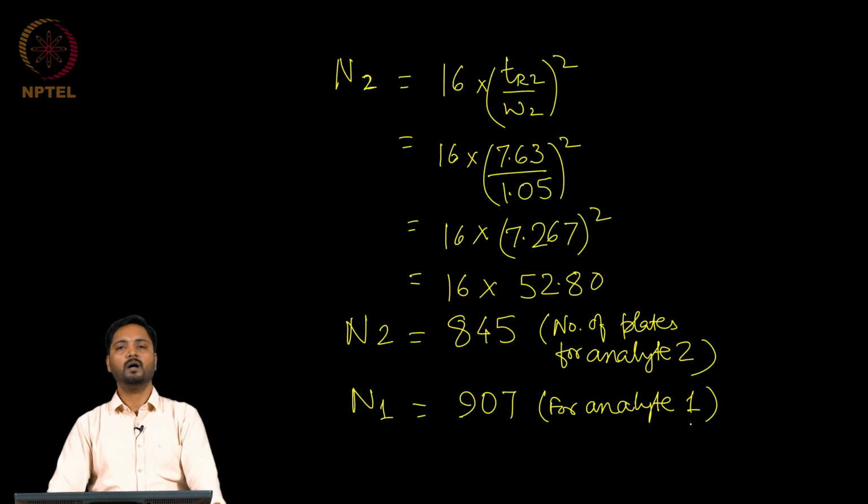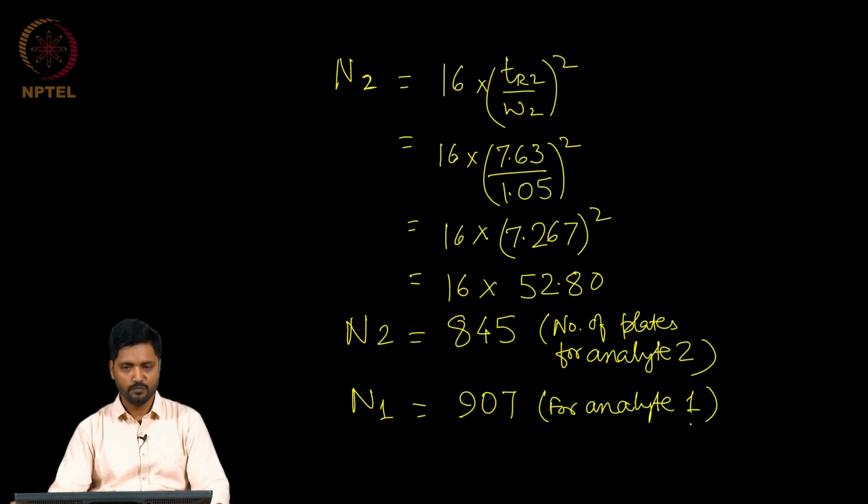So, I want you to carefully note this point: for the same column we can have different plate heights for different analytes, and this is an important point to be kept in mind when you are doing your own calculations. But this question currently asks us to calculate the average plate height for this column.